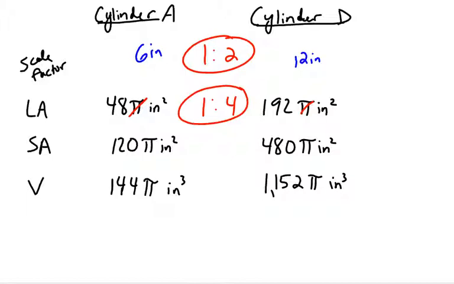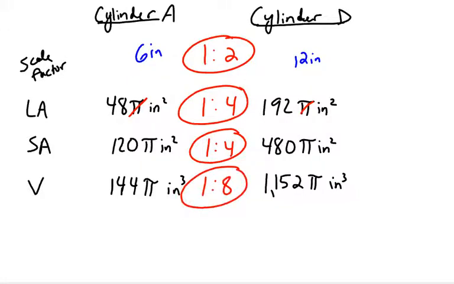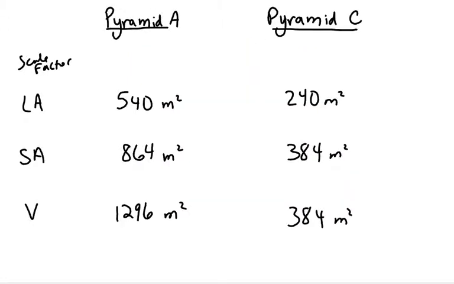Do the same thing for the next row, and we're getting 1 to 4. And then for the final row, the volumes, we should be getting 1 to 8, just reducing those ratios. You should be noticing something happening here. I'm going to take you through the answers to the next one, and I think we'll be able to come up with some conclusions.